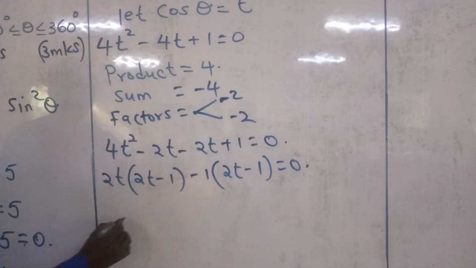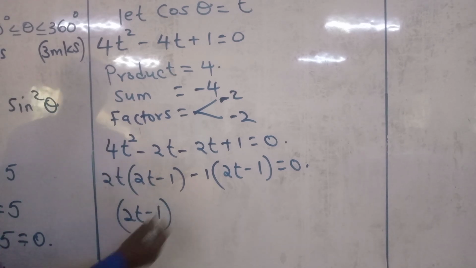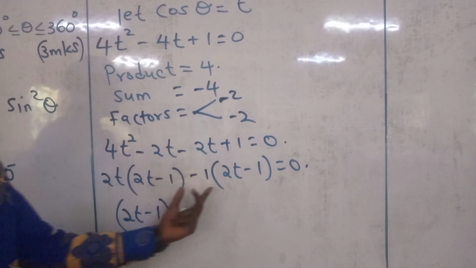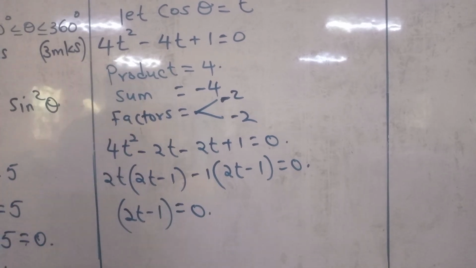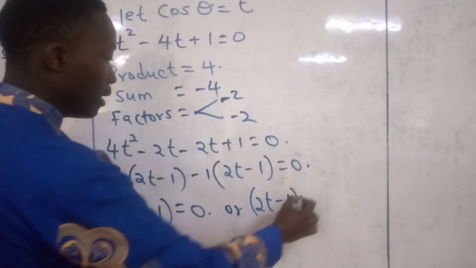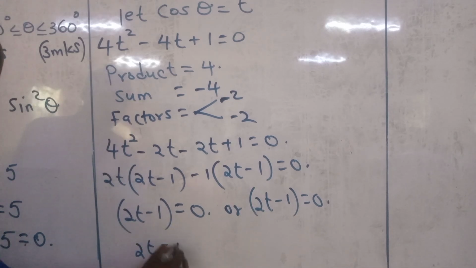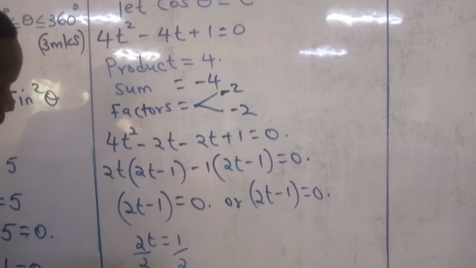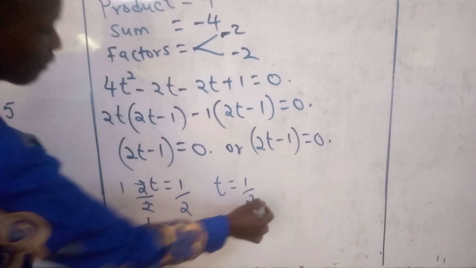So here we have 2t minus 1 and 2t minus 1. That simply says 2t minus 1 is equal to 0. After solving this, we are going to get 2t is equal to 1. Divide both sides by 2, and we will get t as a half.